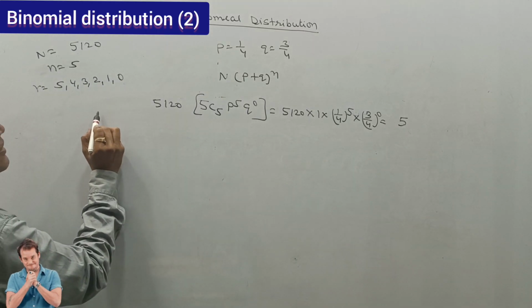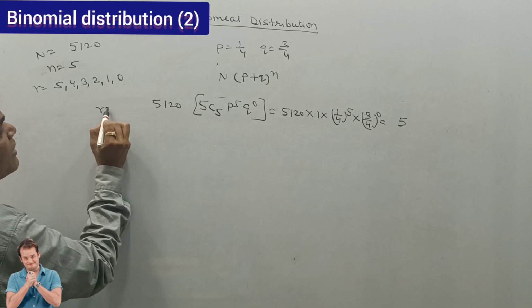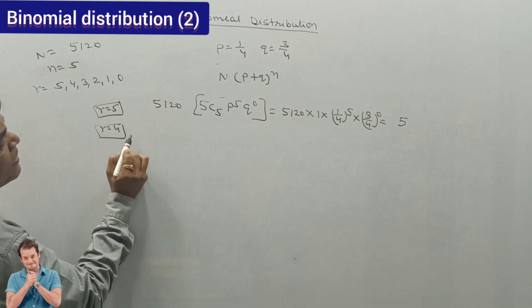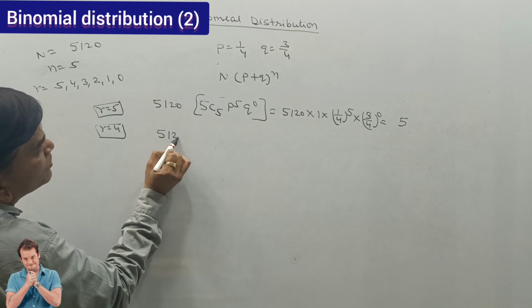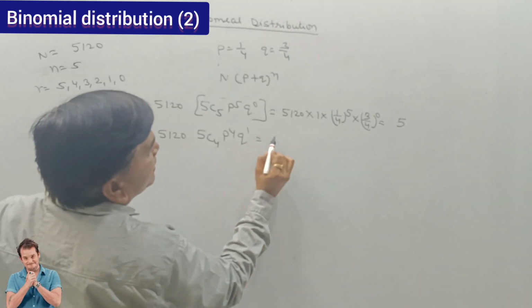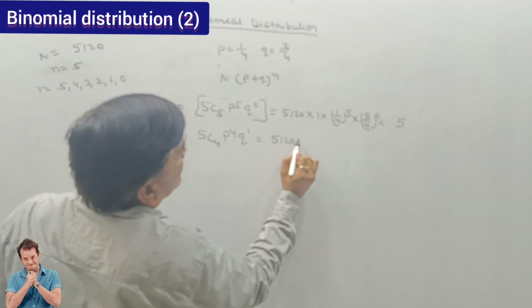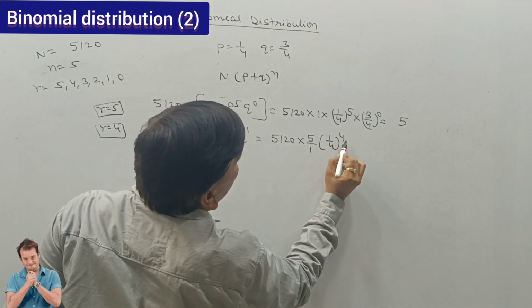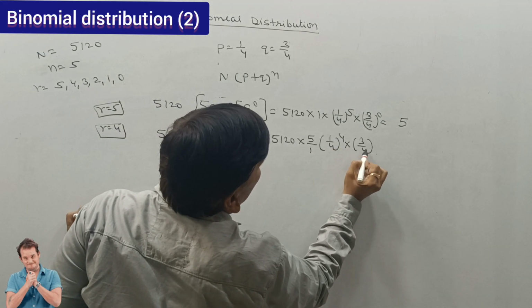So here all are destroy, then 4 destroy. So 5120 5C4 P raised to power 4 Q^1, where Q is cultivation. That is 5120 multiply 5 upon 1, 1 by 4 raised to power 4 and 3 by 4 raised to power 1.